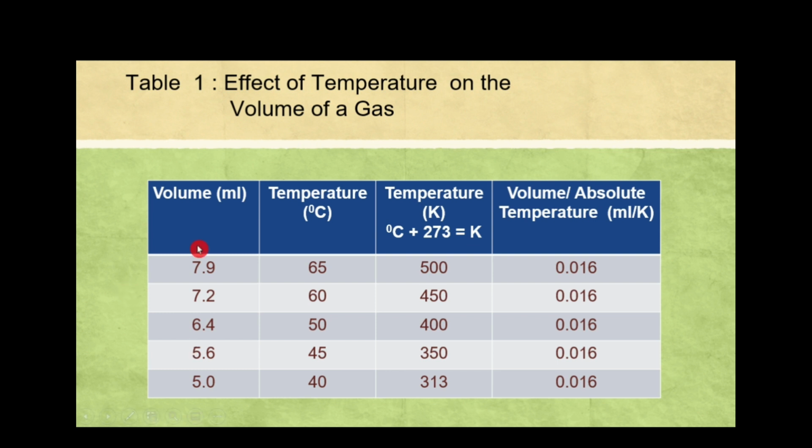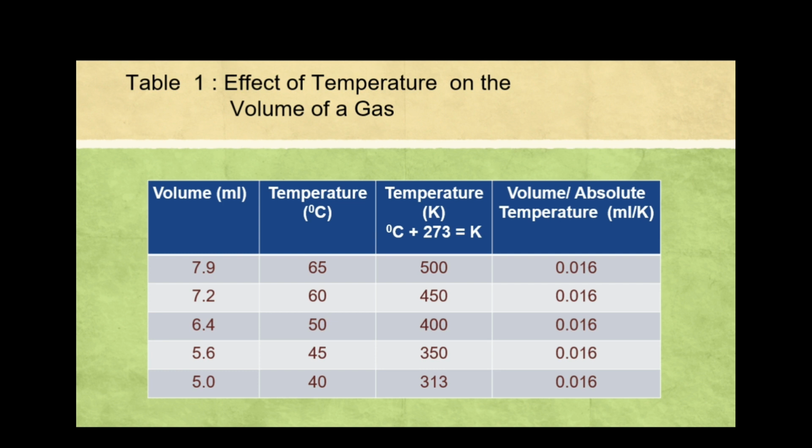The first column shows volume expressed in ml. So let us analyze the given data. As we go downward, what do you notice with the volume? Does it increase or decrease?